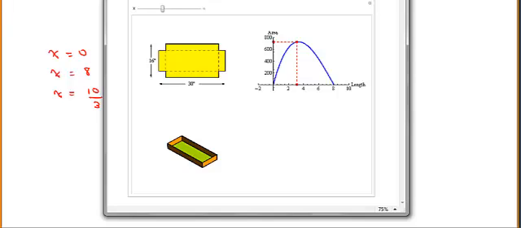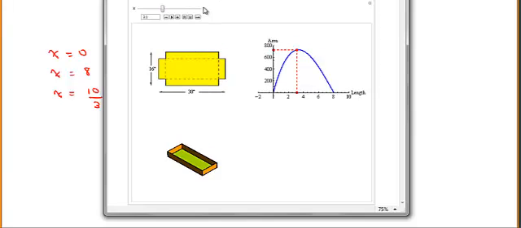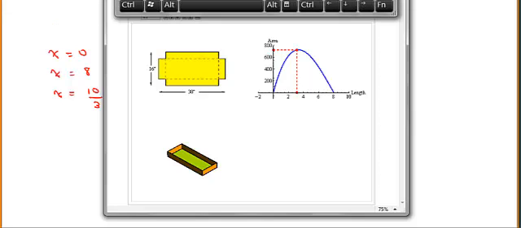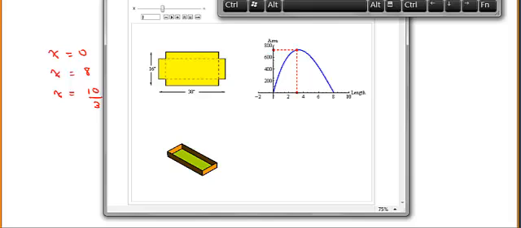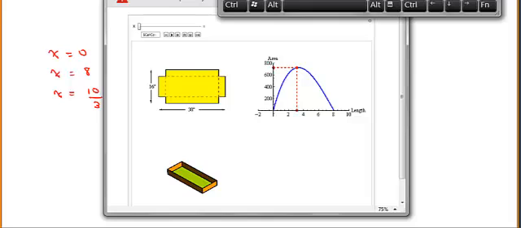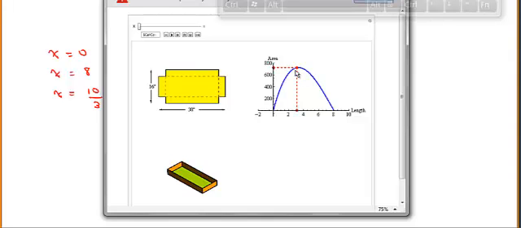Let's take a look. Notice 10/3 would be about 3 1/3, a little bit bigger than 3. I think I might be able to actually put in 10/3 here, and when I do that, notice we're at the very top.